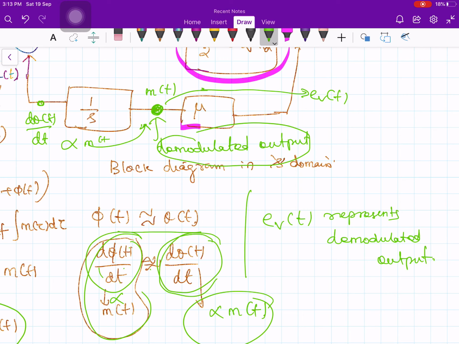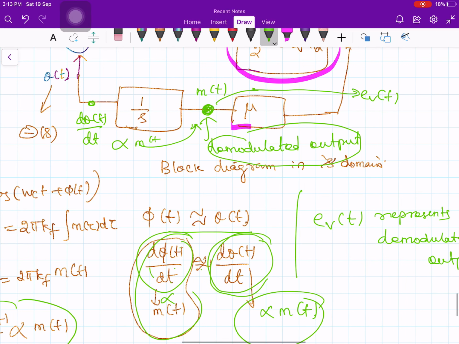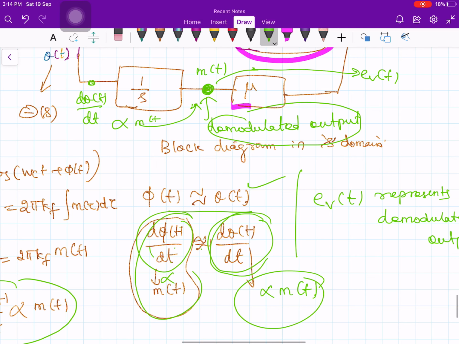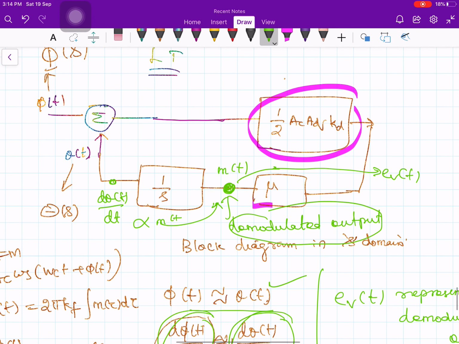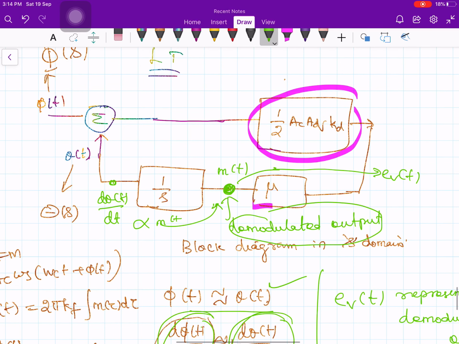Okay, so therefore I can summarize the discussion in the following way. When the loop is locked, this is the condition, and then d phi by dt is d theta by dt, and therefore the input to the VCO is the demodulated output that you are looking for. Okay, we still have to understand the mathematical analysis of this loop, which we'll do as we go along.